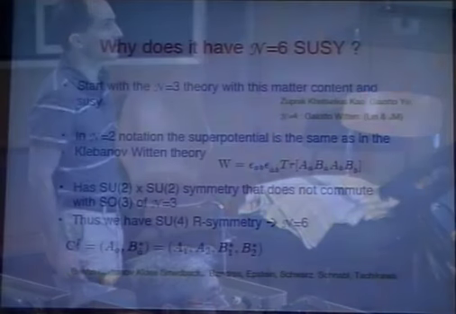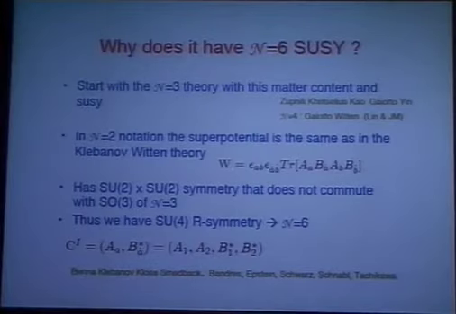Now, when we choose this N=2 notation, we break the SO(3)_R symmetry that an N=3 theory has. In addition, we see that the superpotential has an SU(2) x SU(2) global symmetry. And we find that this SU(2) x SU(2) global symmetry does not commute with the SO(3)_R symmetry of the N=3 theory.